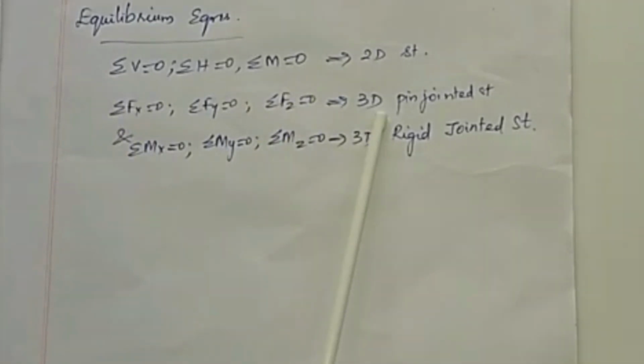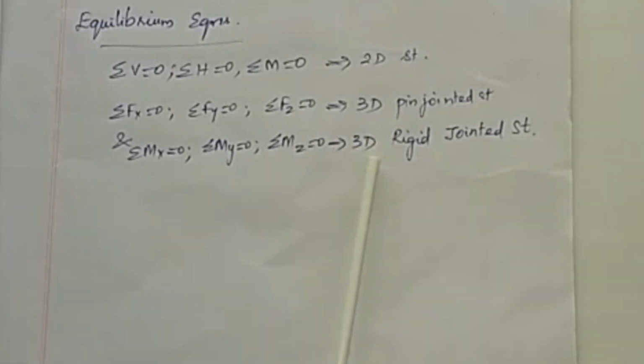For a three-dimensional structure, if it is a steel structure, that is pin jointed structure, and for a three-dimensional rigid jointed structure, that is RCC structure, rigid jointed structure, we have these 6 equations of equilibrium. Summation of all the forces in these three directions is equal to 0, and the moments in all these three directions are equal to 0.